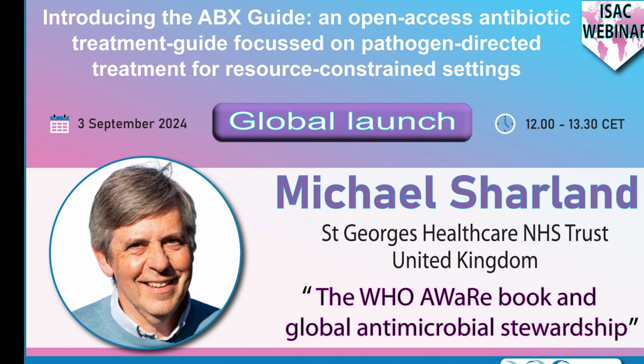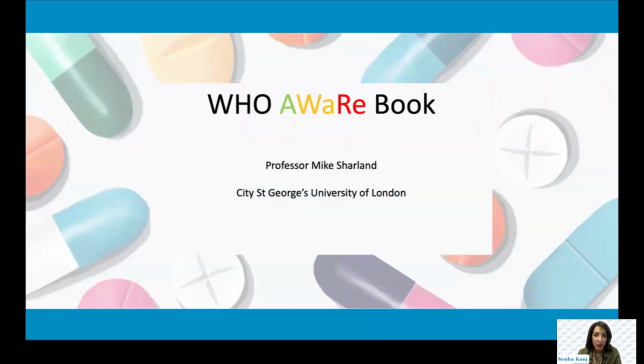He leads the Wellcome Trust-funded ADILA project, developing novel risk-adjusted models for optimal AWARE antibiotic use. He also leads multiple global trials on improving antibiotic use in children. So Professor Sharland is going to talk to us about the WHO AWARE book. Mike, the microphone is yours.